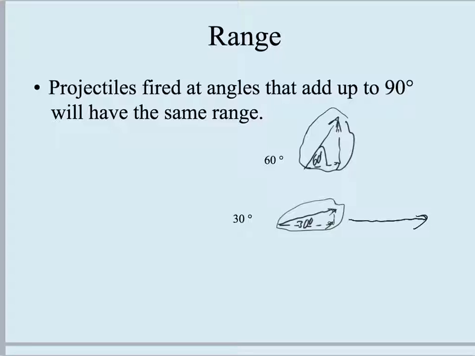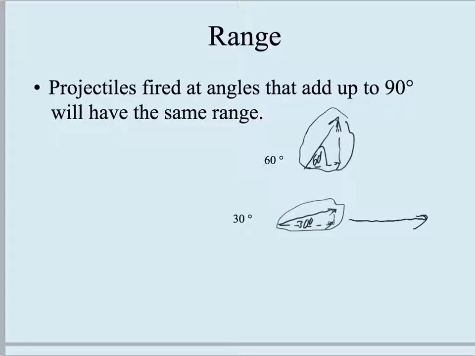So if I fire a projectile at 30 degrees and I fire a projectile at 60 degrees, even though their angles are different, because they add up to 90, 60 plus 30, I'm going to get the same range from both of them.